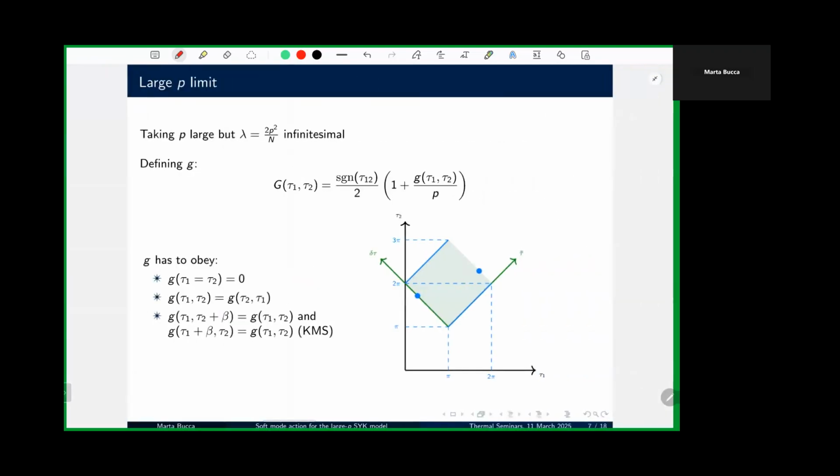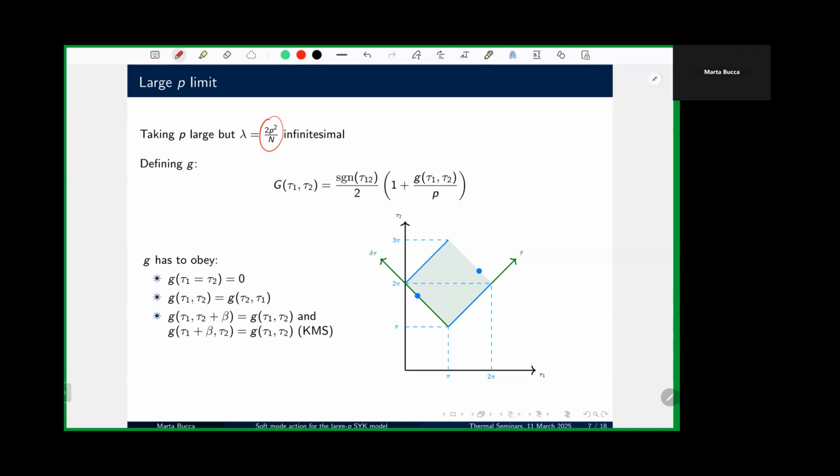So how do we take the large P limit? Well, first of all, I should mention that, yes, we are taking P to be large. However, we are keeping this parameter lambda, defined as 2p squared over n, to be infinitesimal. The reason why is going to be clearer in a few slides. In the meantime, how do we take the large P limit?